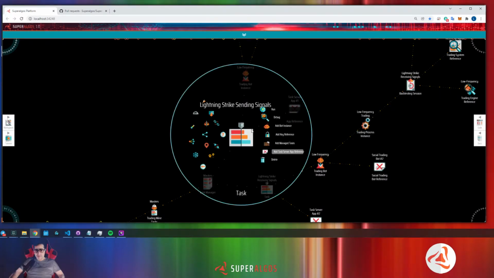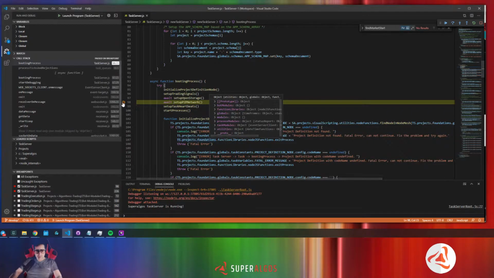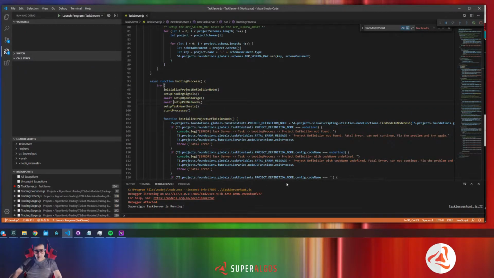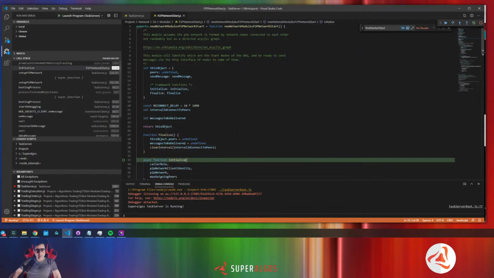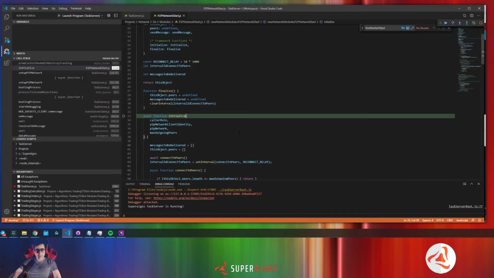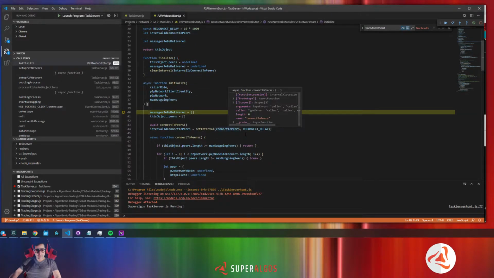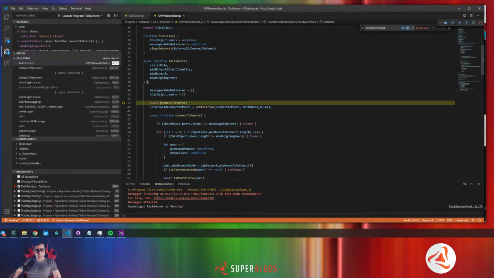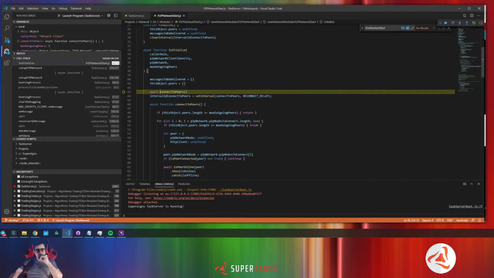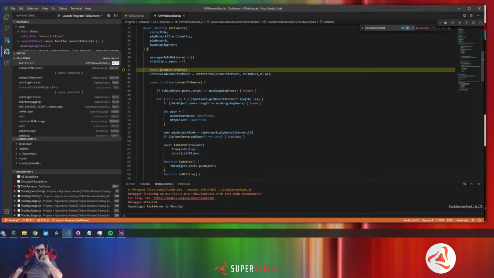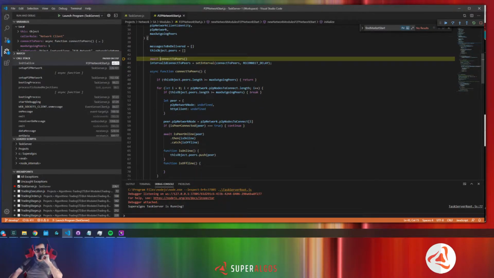Too early. So what is going on here? Connect to peers. There is an await to connect to peers.